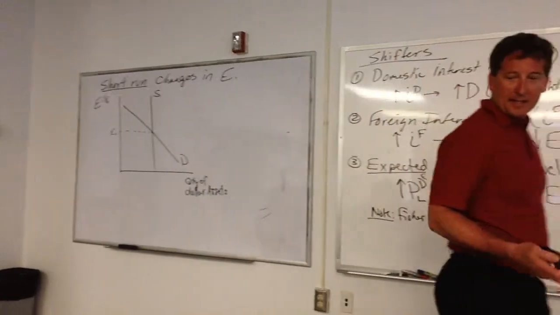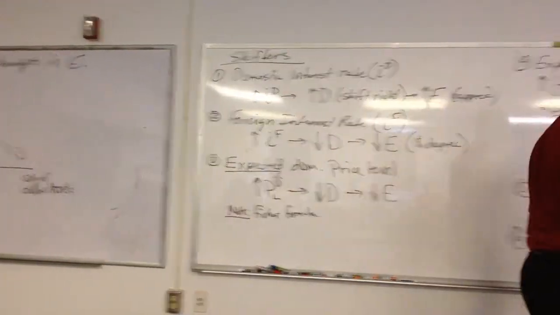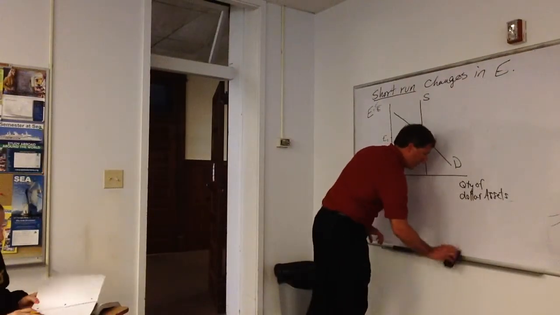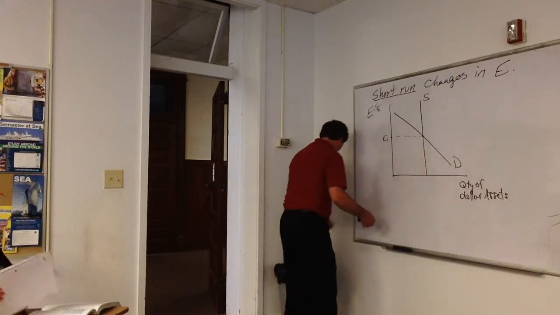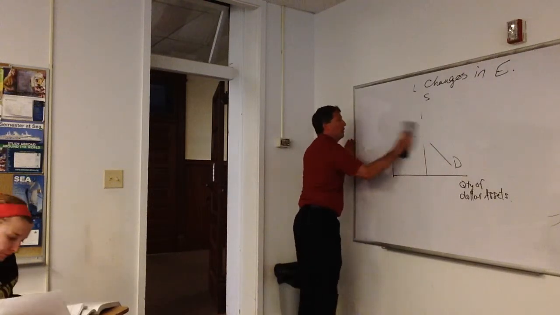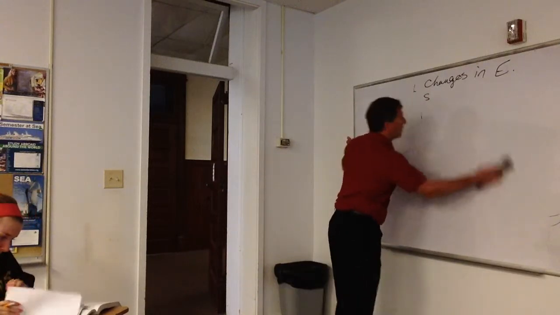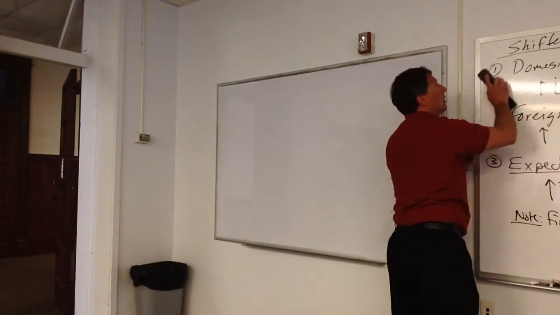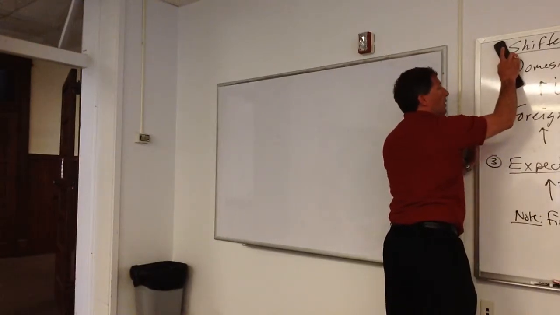The next thing I want to look at is interest parity. What was purchasing power parity? Price of a good in one country relative to another is more or less the same.